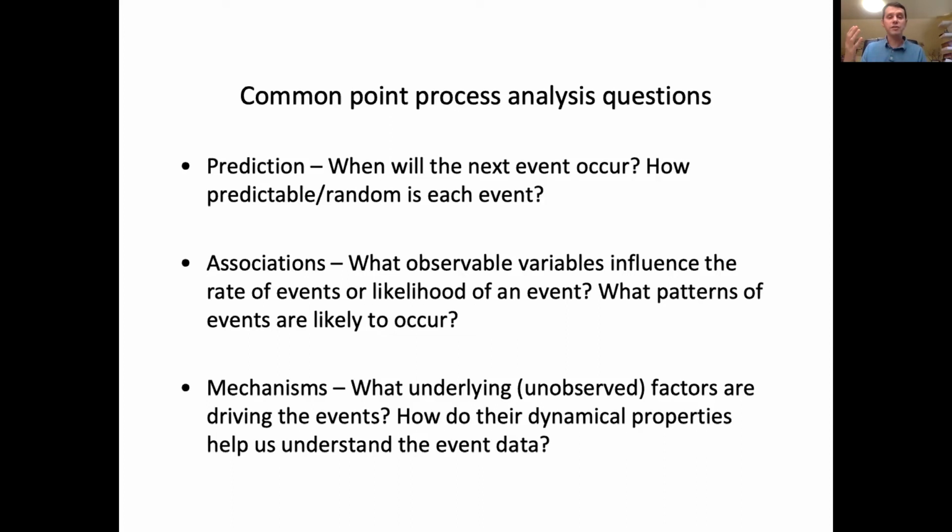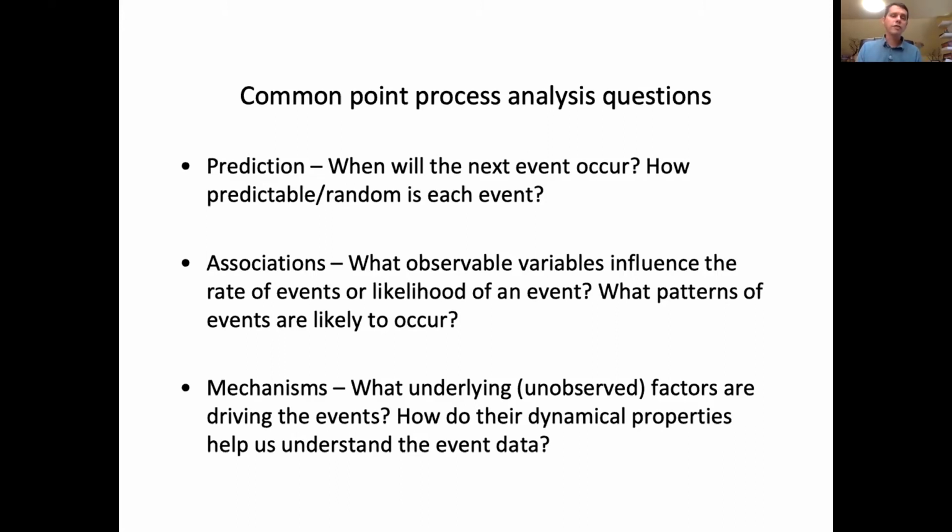And we're often interested in mechanisms, that is, trying to infer underlying unobserved factors that are actually generating or driving the processes that lead to those events. And maybe trying to understand how the dynamical properties of those underlying factors lead to the types of patterns and dynamics that we see in the event data.